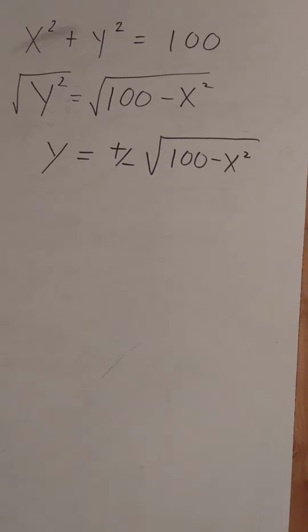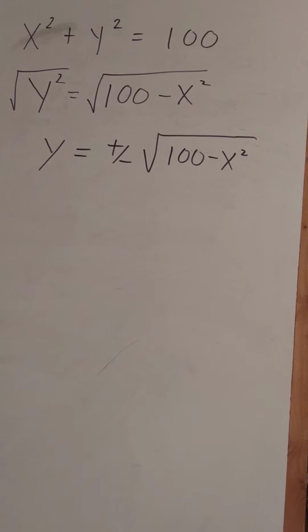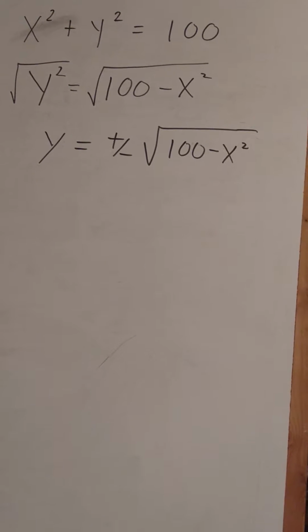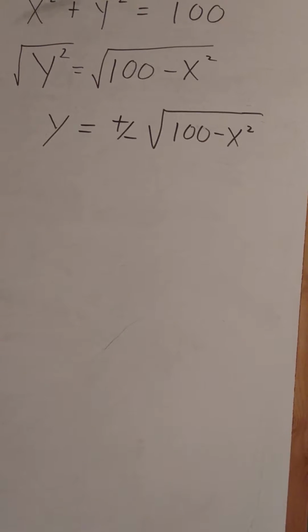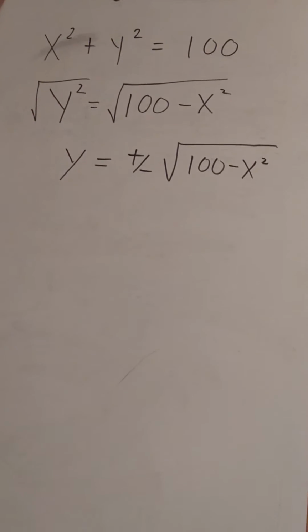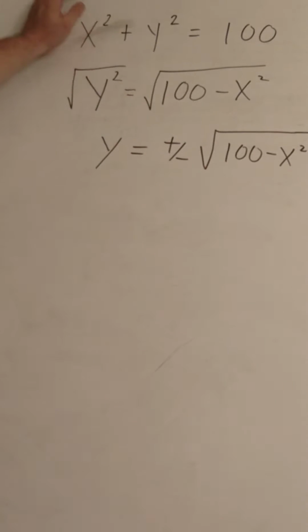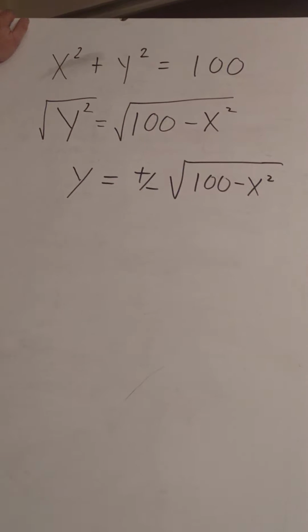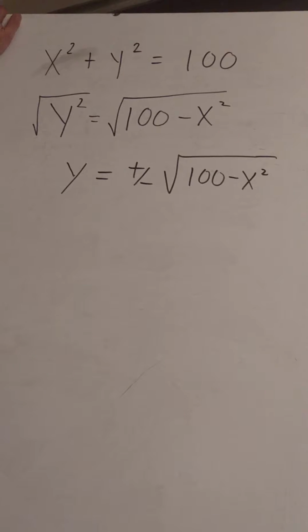So I cannot put any number in for x and get a real number answer. If x is 11, what's 11 squared? 121. What's 100 minus 121? Minus 21. That would be an imaginary number.